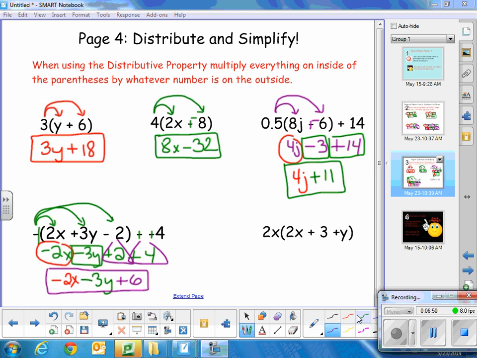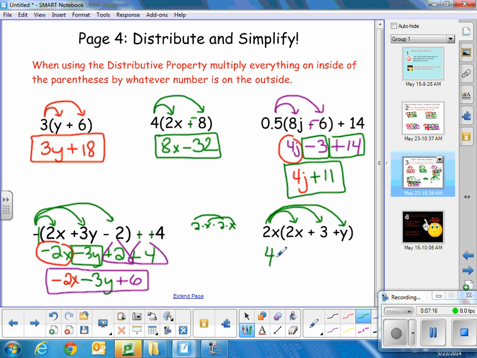Our last example. This one is definitely a little bit tricky, so pay close attention to this one. We're going to multiply everything on the inside by 2x. 2x times 2x is really 2 times x times 2 times x. 2 times 2 is 4, and x times x is x squared.